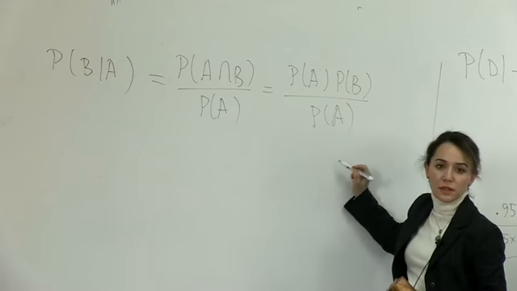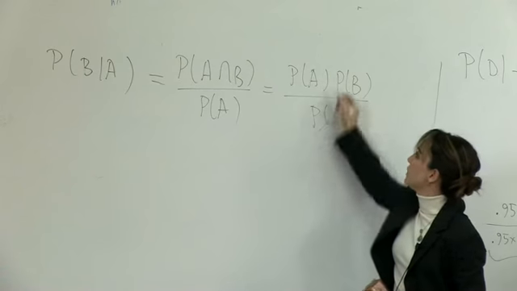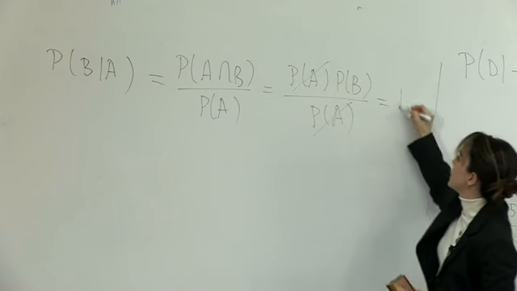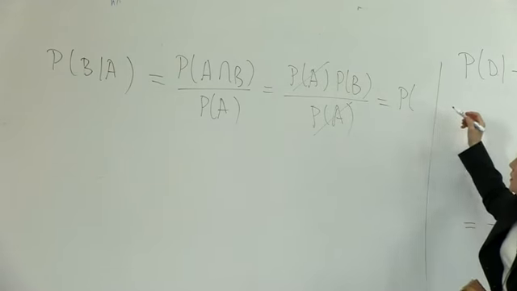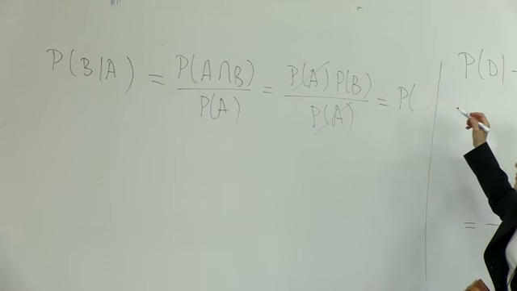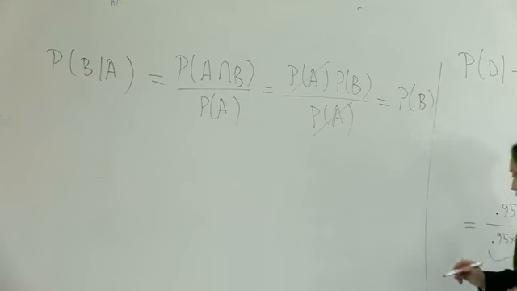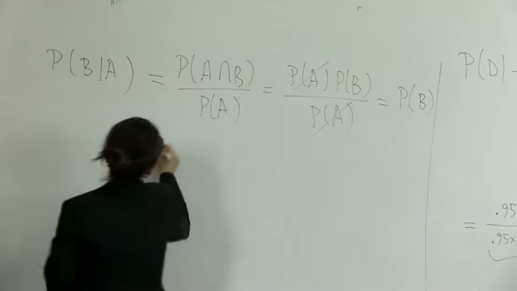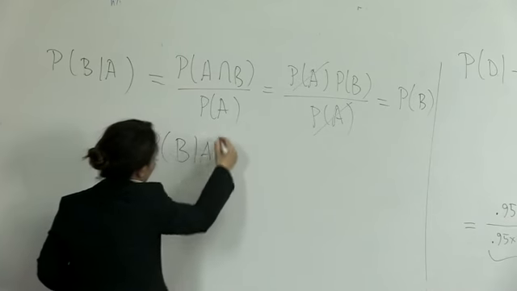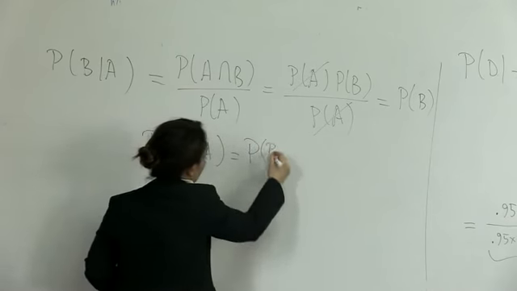So since P of A was given to be different from 0, this cancels, and we get P of B given A equals P of B.